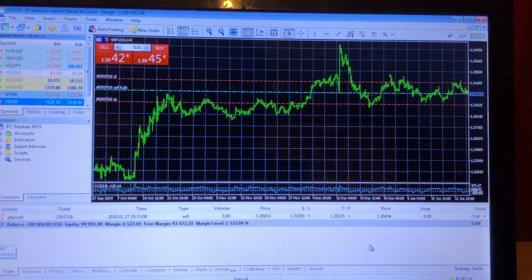The market's quite quiet just now. There's not really much movement, down to a $5 loss. So it's moving very slowly. But it looks like it's in the right direction. I'll come back on once we actually see the outcome of this trade, and place another trade for you.